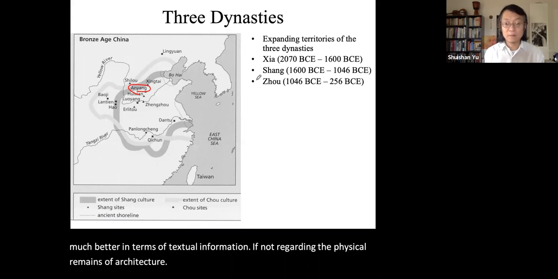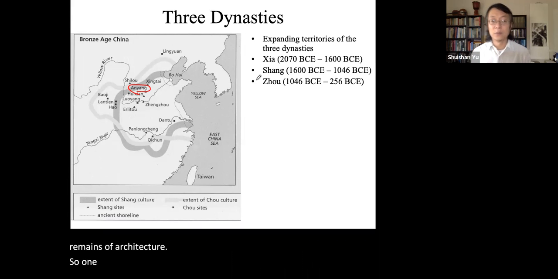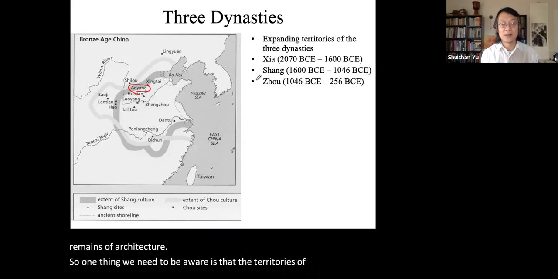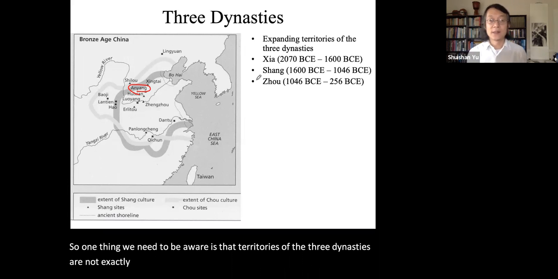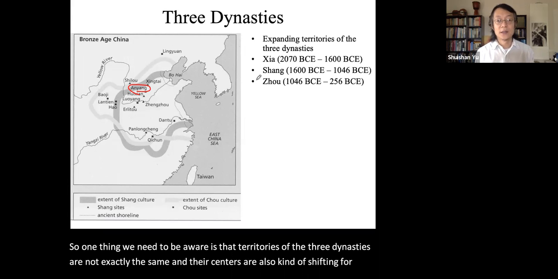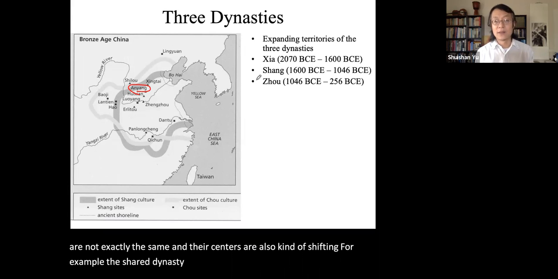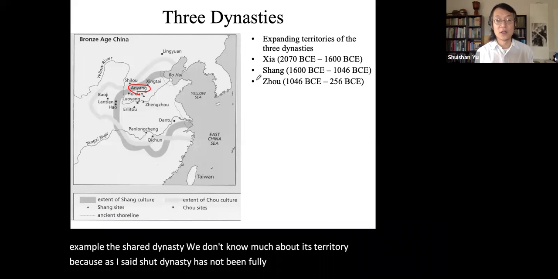So one thing we need to be aware is that the territories of the three dynasties are not exactly the same, and their centers are also shifting. For example, the Xia Dynasty, we don't know much about its territory because, as I said, Xia Dynasty has not been fully confirmed by archaeology yet.